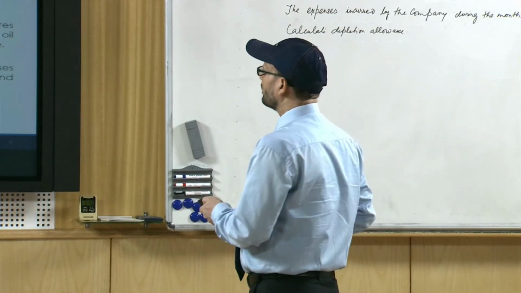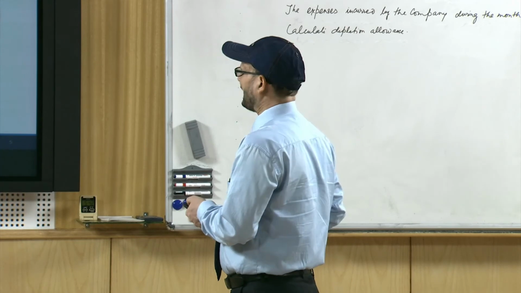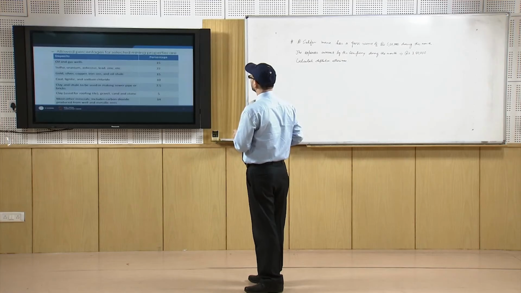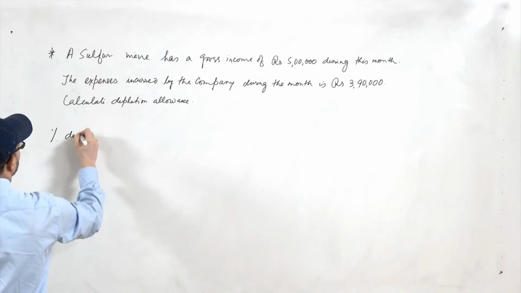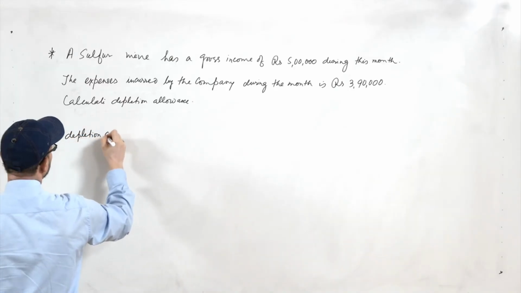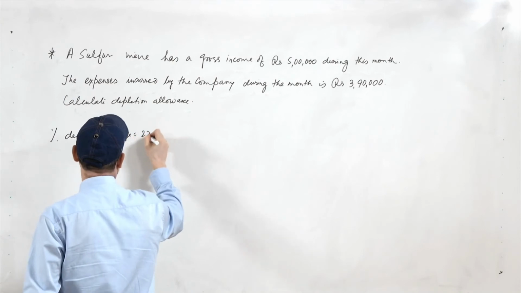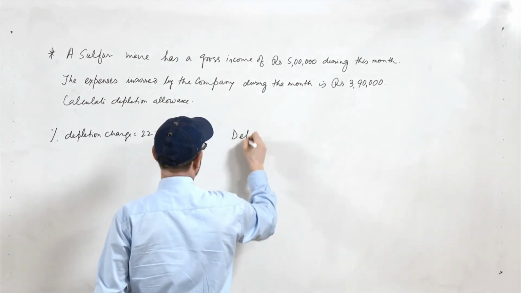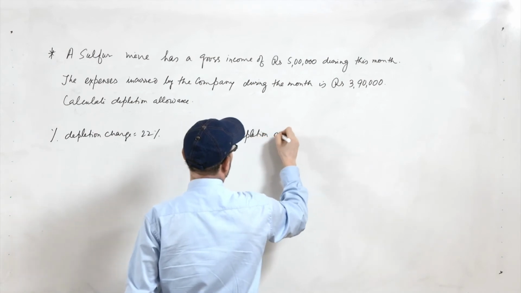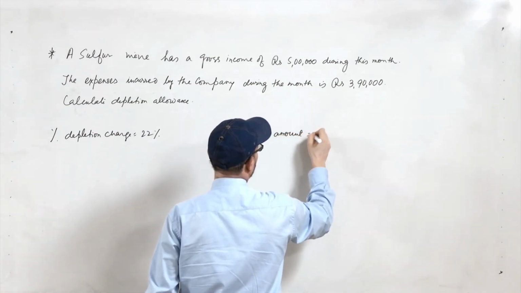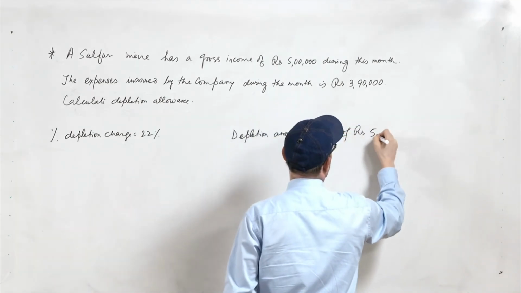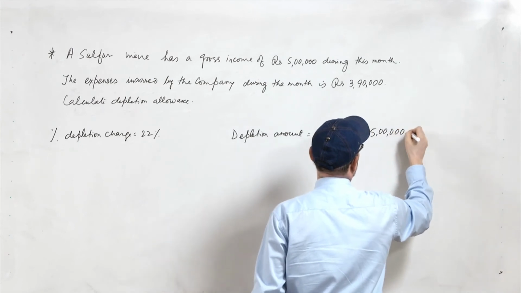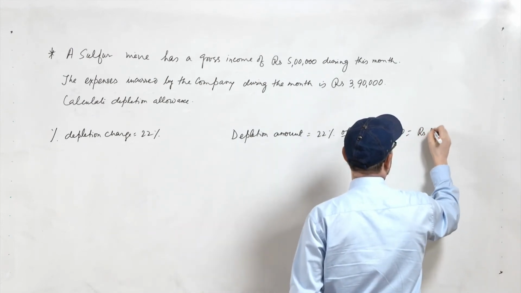Now, let us see, for the sulphur you have the category under this, the percentage depletion is 22%. So, basically the percentage depletion charge is 22%. So, depletion amount will be 22% of rupees 5 lakh, and that comes out to be rupees 1,10,000.